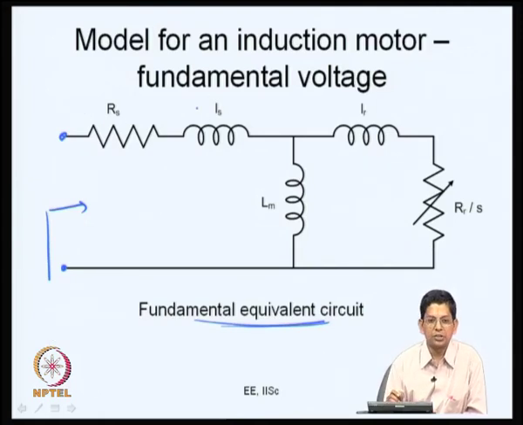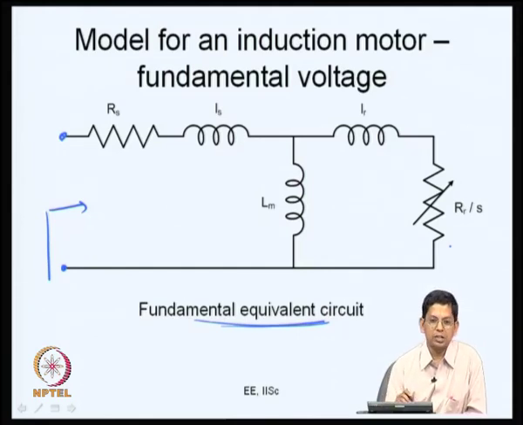This is the stator winding resistance, the stator leakage inductance, the magnetizing inductance, and a rotor leakage, and then RR is once again the rotor resistance, and S is the slip. This RR by S can be divided into two parts: RR, and the remaining. The RR alone stands for the rotor resistance, and the remaining part stands for the mechanical power developed. Whatever power is dissipated through this resistor is equal to the mechanical power developed by the machine.